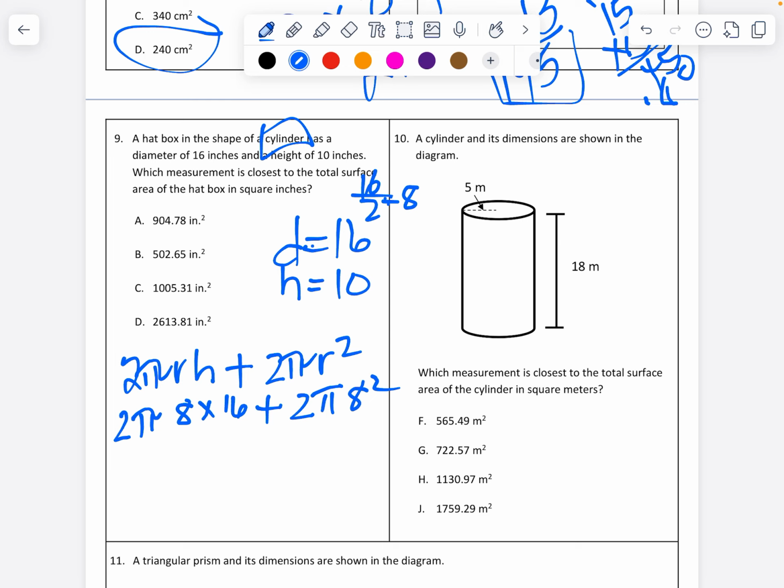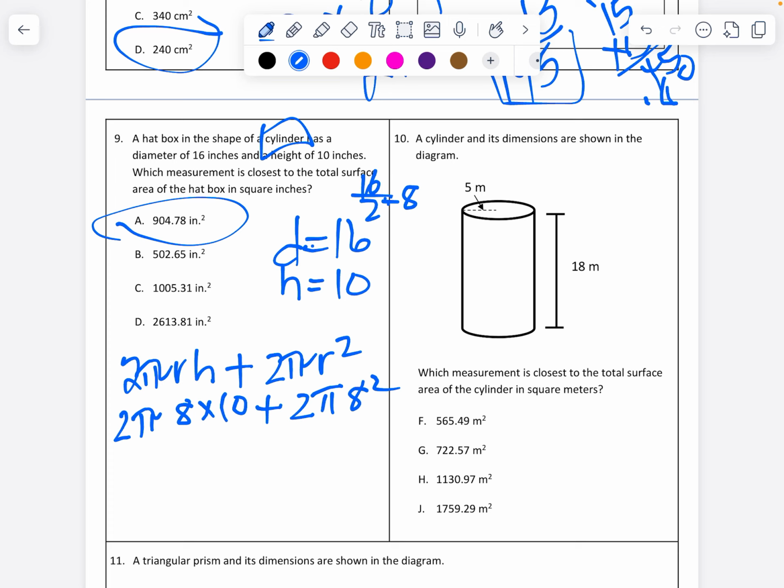Oh, it was 10. This is a 10 actually. Oops. Let's go back. Okay, let's try that again. And we get 904.78.